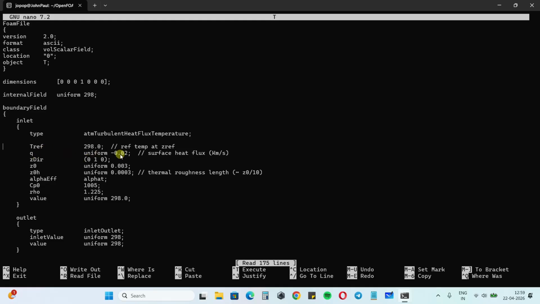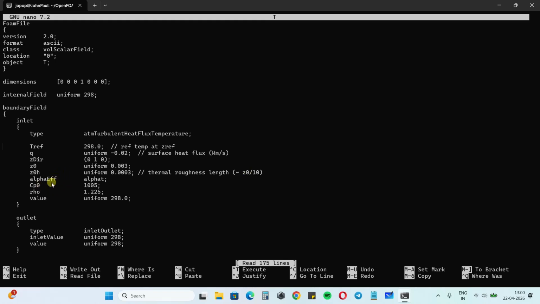Since we are considering a stable situation, the heat flux is negative, and then you have the aerodynamic roughness length and the thermal roughness length, which is around 1/10 of the aerodynamic roughness length.